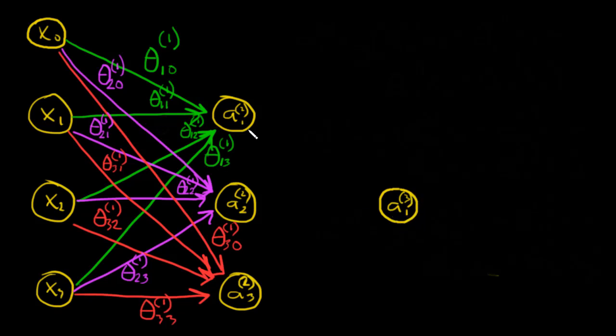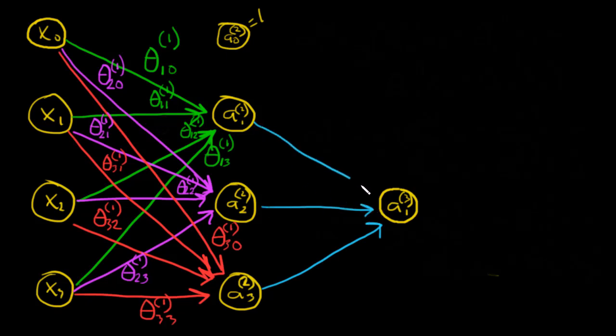And I'm going to have all of layer 2 nodes feeding into layer 3, but that means I also need to have an A naught from layer 2, which is, as always, equal to 1. So here we go. Let's now feed forward, and let's try blue. So I'm going to have all of these nodes feeding into the new activation.